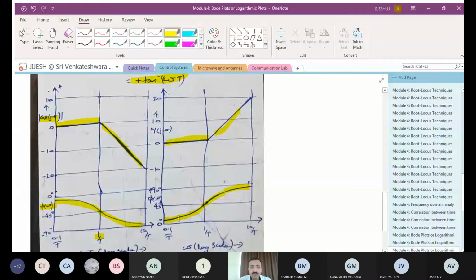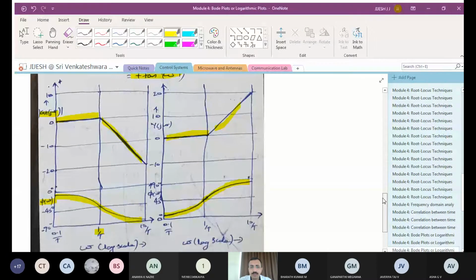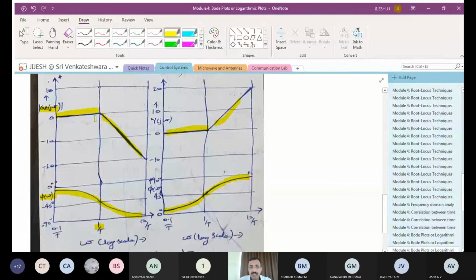You have to draw this on semi-log graph sheet, so you can see 0.1 by t, 1 by t, 10 by t, because this is plotted on the logarithmic scale. This is the plot you obtain when you consider poles and zeros on the real axis. This is what you have to understand.